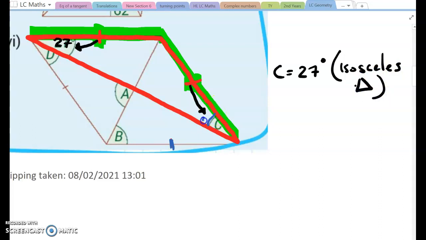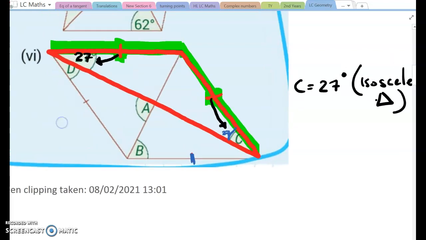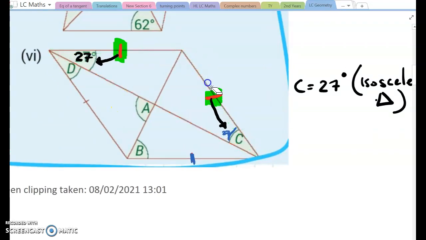I just jot it in. It's 27. Now, can I do something similar to that elsewhere in the shape? You'll often get these in these questions where you're constantly rubbing things out and drawing it again. So that's 27 down there at the bottom.